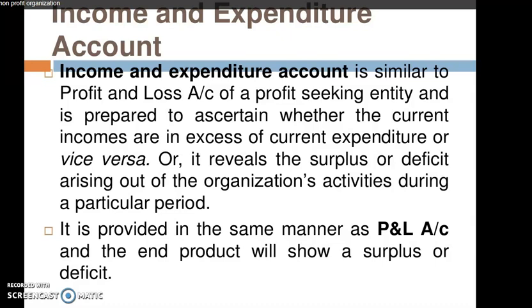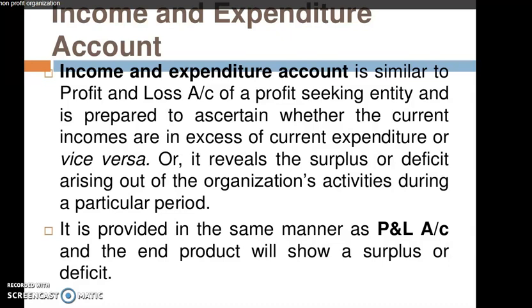Then the next one is the income and expenditure account. Income and expenditure account is similar to the profit and loss account of a profit-seeking entity and is prepared to ascertain whether the current incomes are in excess of current expenditure or vice versa, or it reveals the surplus or deficit arising out of the organization's activities during a particular period of time.